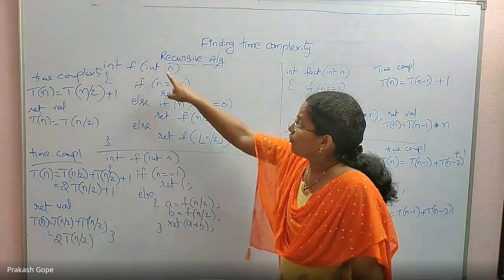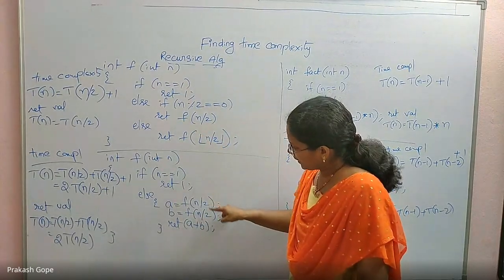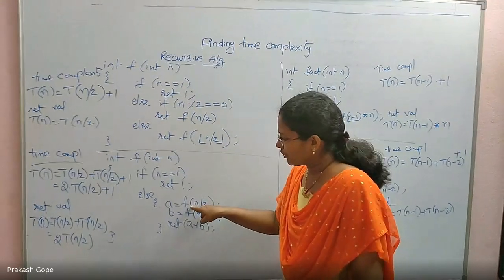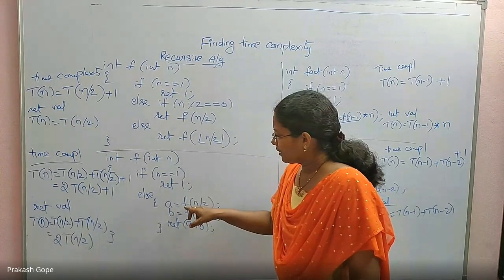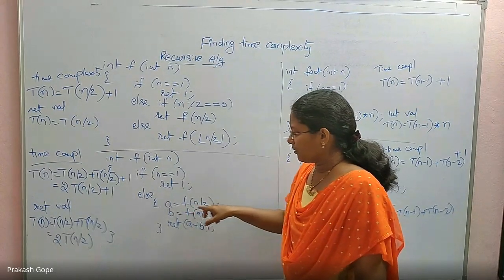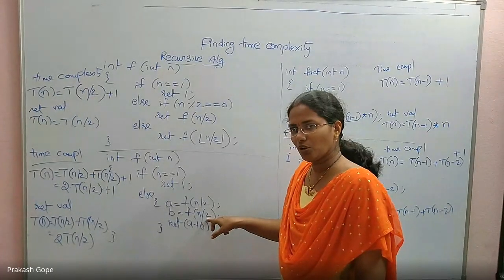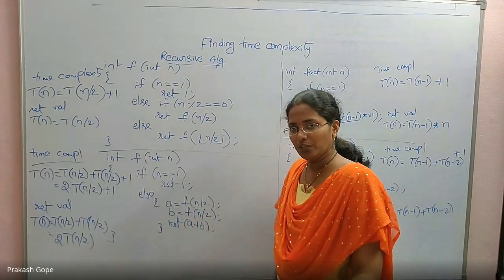Which means only one function call is invoked. But in this case, both the function calls are getting invoked. This is also invoked and this is also invoked. You may think that whatever is the value returned by this function call, the same thing is returned by this function call also. That we know.